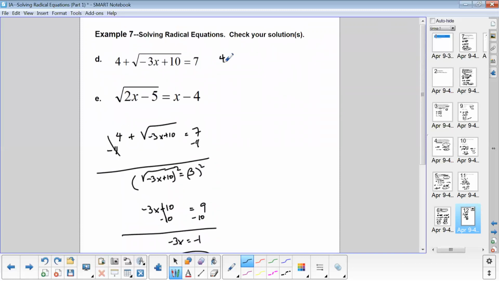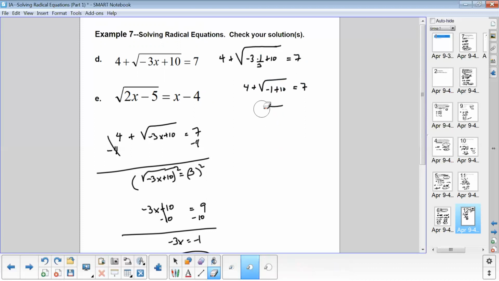So 4 plus the square root of negative 3 times 1/3 plus 10 is equal to 7. So what's negative 3 times 1/3? Well, that's negative 1 plus 10. Negative 1 plus 10 is 9.